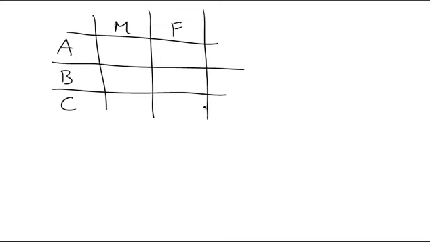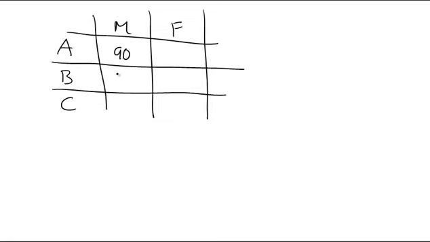That seems to be pretty common, ways of grouping things. It could just as easily be yes and no, like did they smoke, yes or no, or did they vote a certain way, yes or no. But they normally give you what we call a 2 by 3 or a 3 by 2, 3 rows, 2 columns. Doesn't really matter. This could have as many rows and columns as we want. It's not going to change the way we do anything. So let's just fill this in with some random numbers.